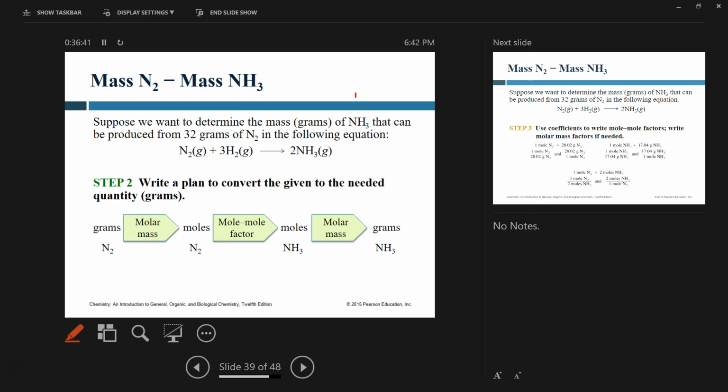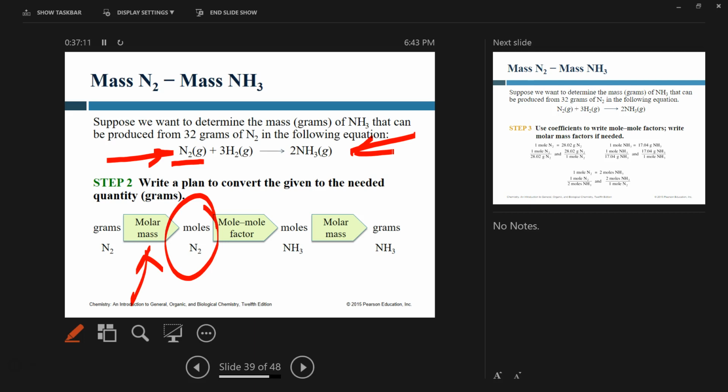So first, we want to figure out how we're going to do it, the plan. If we know the mass of nitrogen and the molar mass of nitrogen, can we find how many moles of nitrogen we have? Sure. If we know how many moles of nitrogen we have, can we figure out how many moles of ammonia we can produce?